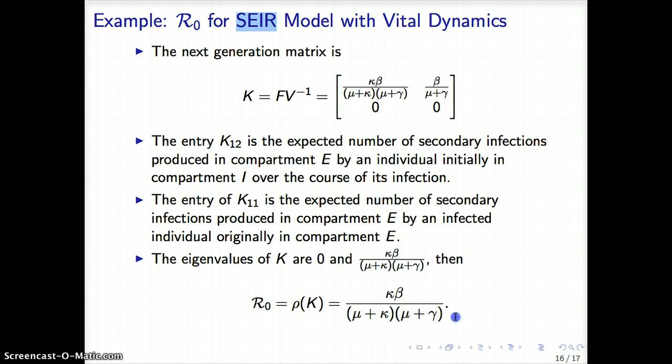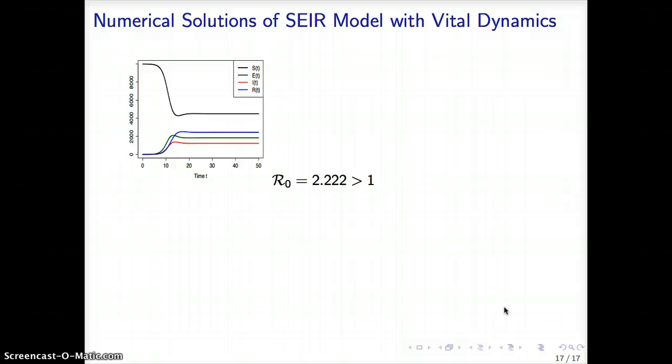And remember, the meaning of this quantity is that we can establish, at least for this model, which has simple dynamics, a threshold: when R naught exceeds 1, we have an epidemic, and when it doesn't exceed 1, the epidemic dies out. This is what is illustrated, very straightforward.